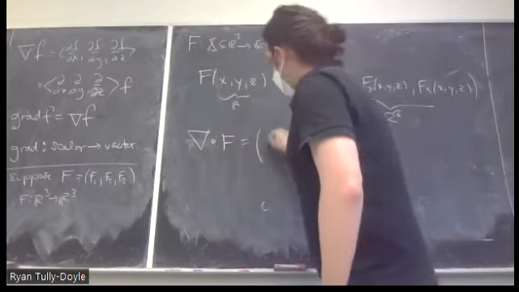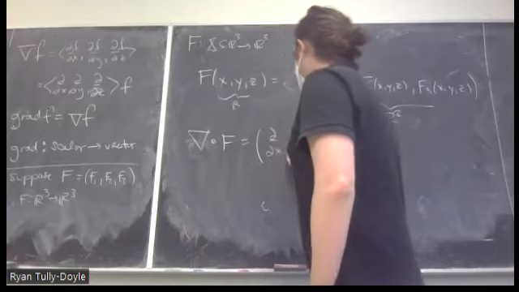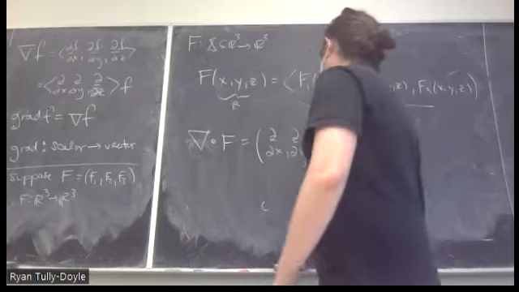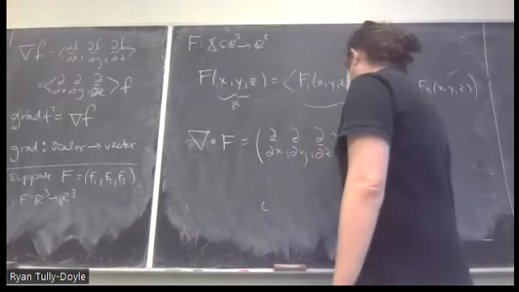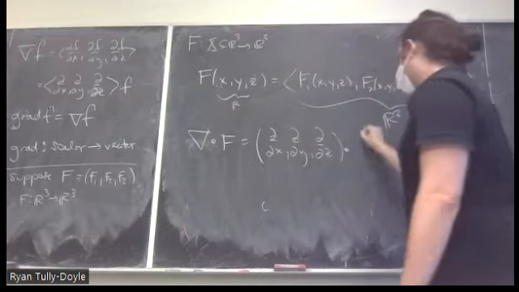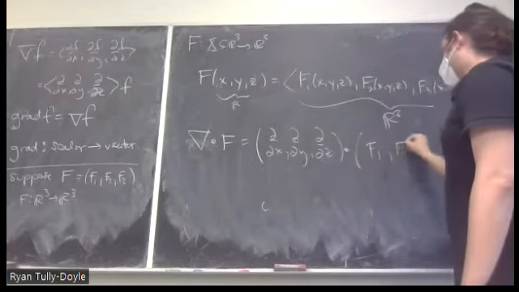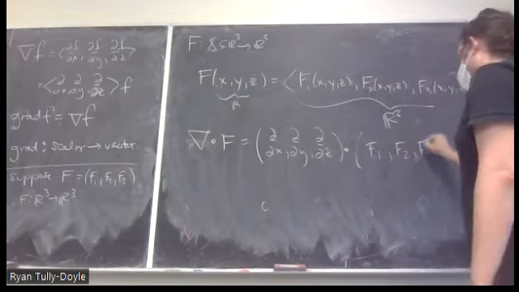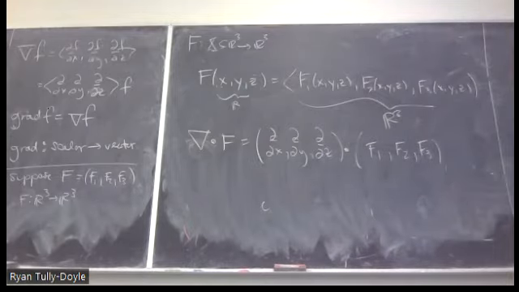This is equal to d by dx, d by dy, d by dz, dotted with f1, f2, f3. I just compute it like a regular vector dot product.